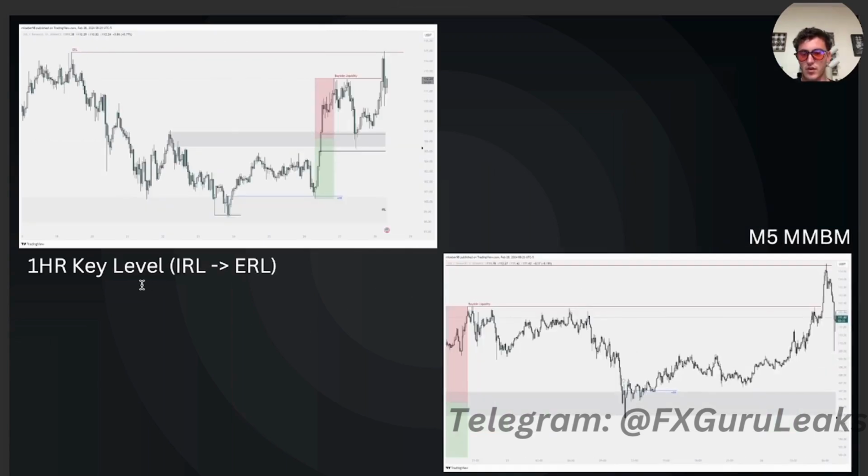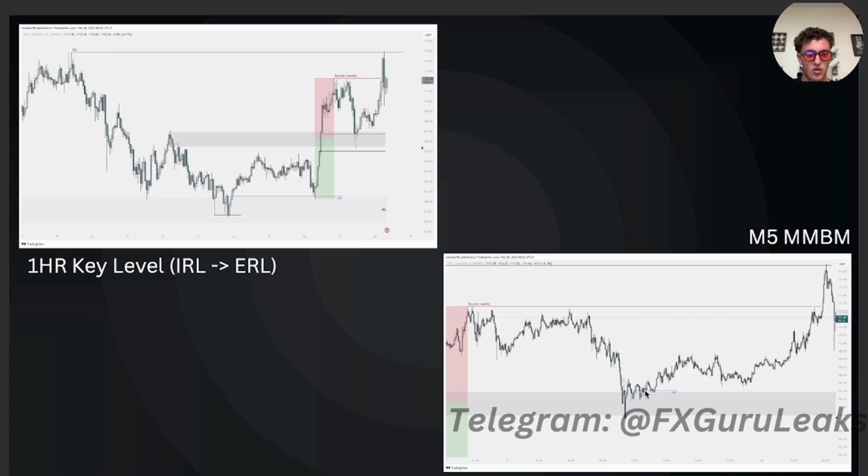Going from the 1-hour to the M5 market maker buy model, price retraces into a 1-hour fair value gap resting here. And then once we get into that fair value gap, you can watch the reaction on the M5 and frame the same thing as we did in the previous ones.